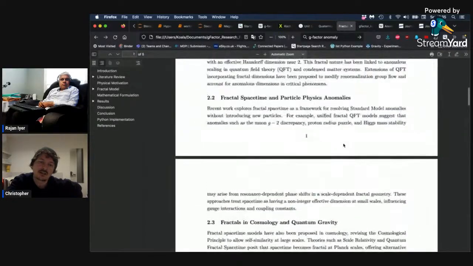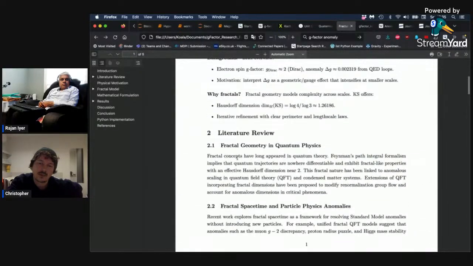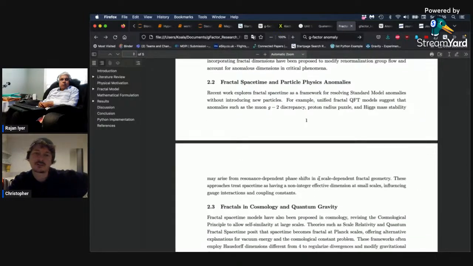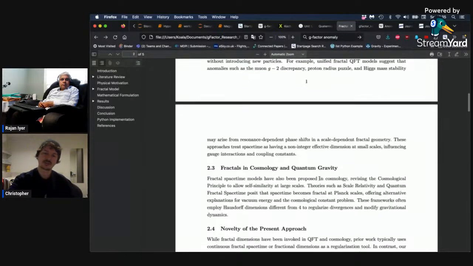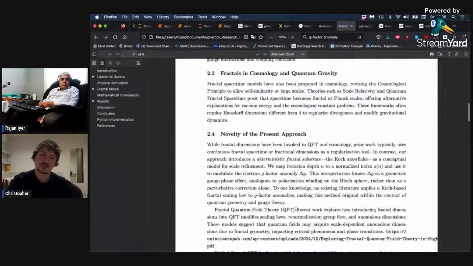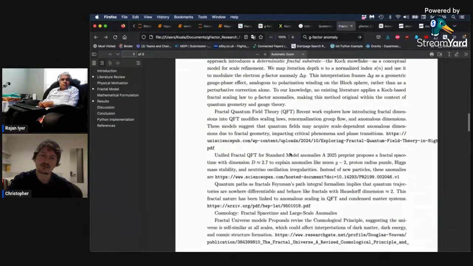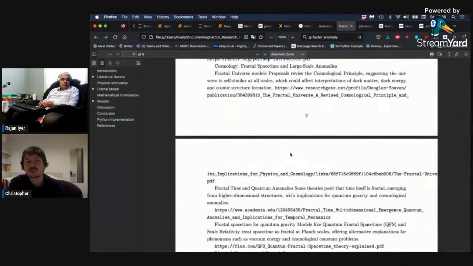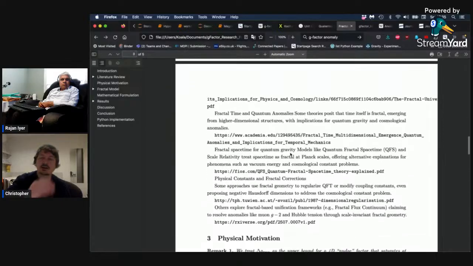We can see that this use of fractal dimensions appears in quite a number of different quantum physics and astrophysical kinds of research, in quantum gravity and such, but it hasn't been applied to the G factor anomaly.